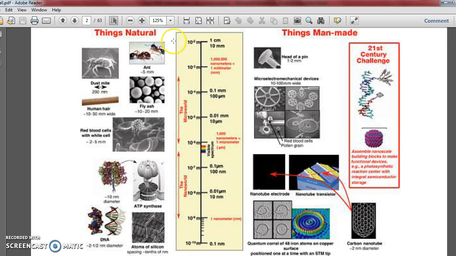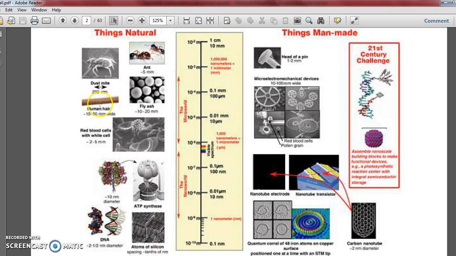If you carefully observe the scale, here a centimeter and here a nanometer. So in centimeter, many things are observable. A human eye can observe things at centimeter scale, and you see natural things like an ant, dust mite, fly ash, and red blood cells with white cells, and DNA and atoms at the atomic level.